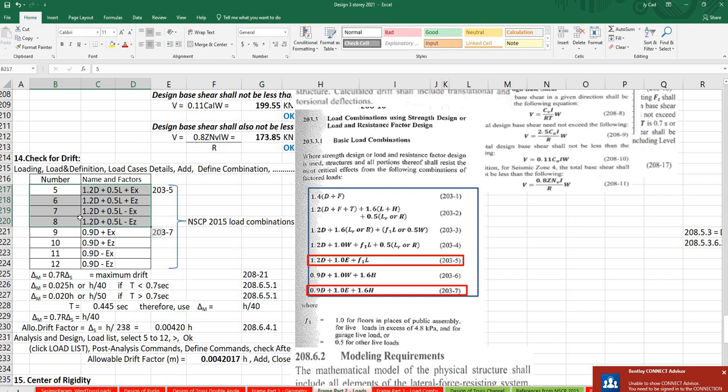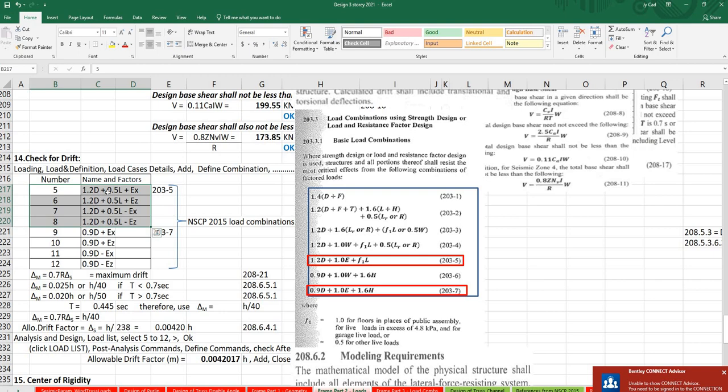So, apat na combinations yan. Dahil ang ating earthquake ay apat. Positive X, positive Z, negative X, negative Z. Okay? And then, ang ating F1 would be equal to 0.5 for other live loads.